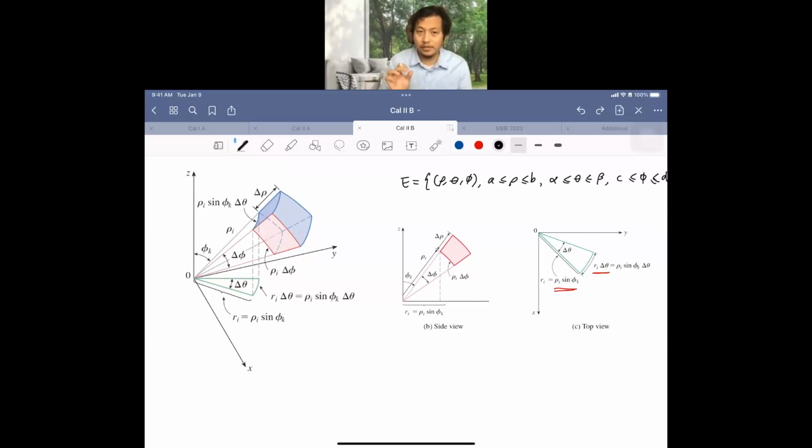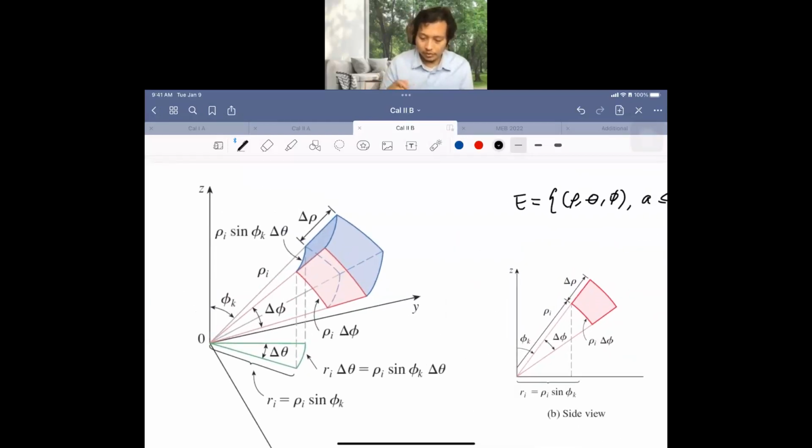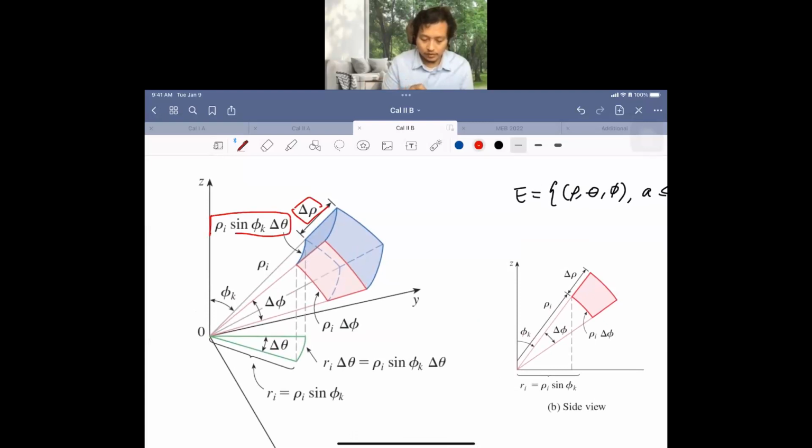So we slice into small pieces, and we can directly calculate the volume of these small pieces. Let me write the delta volume, the volume of the small piece. Delta V i j k is delta rho multiplied by rho i delta phi, and then multiplied by rho i sine phi k delta theta.